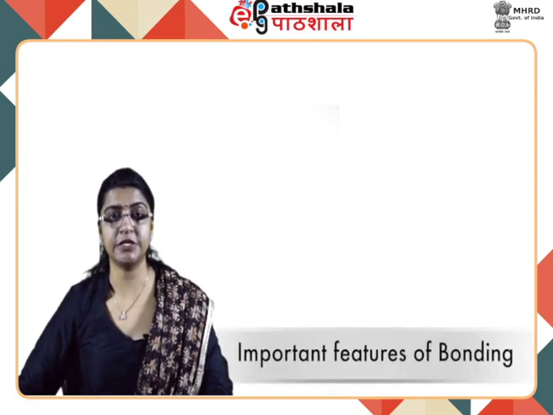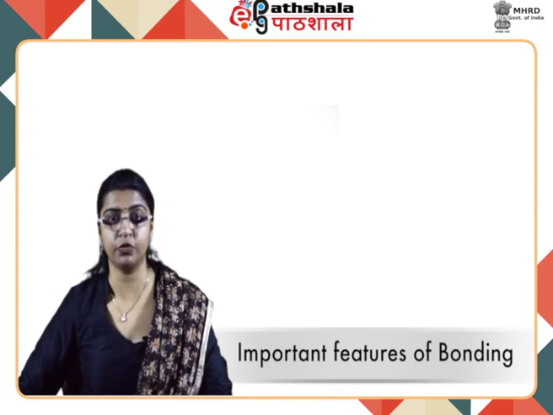Now, let us see the important features of bonding in carboranes. The triangular faced polyhedra shown in the figure form the basis for the structures of boranes and carboranes. The skeletal boron or carbon atoms occupy all but one or all but two of the vertices of the appropriate polyhedron in closo, nido or arachno compounds respectively.